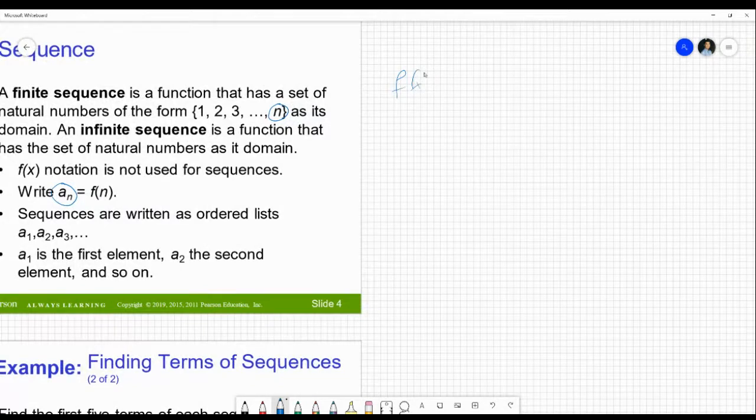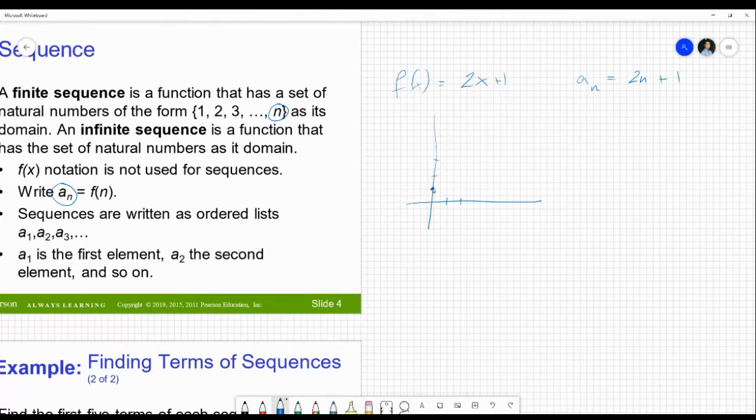So for a function, let's say we have a line 2x plus 1. And for a sequence, we can write the same thing, except we use a subscript of n: a sub n equals 2n plus 1. To graph this, we go to 1, which is our y-intercept, and then our slope is 2 over 1.